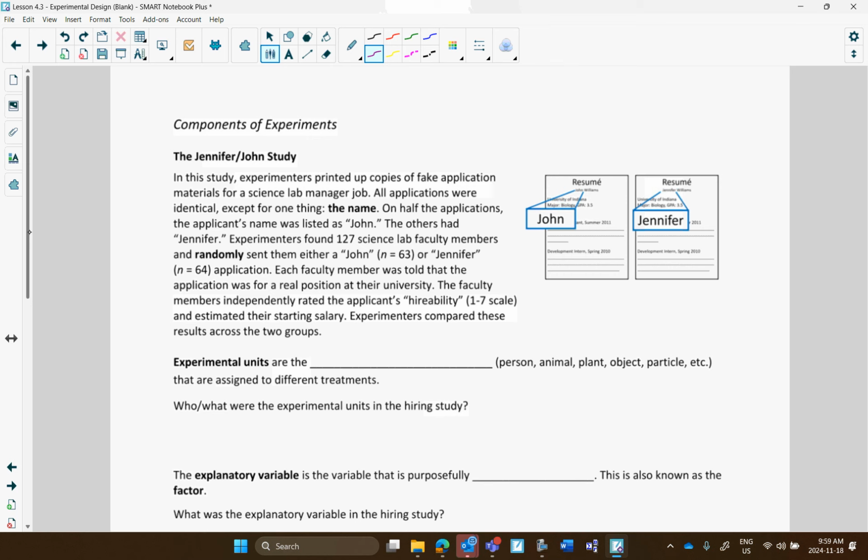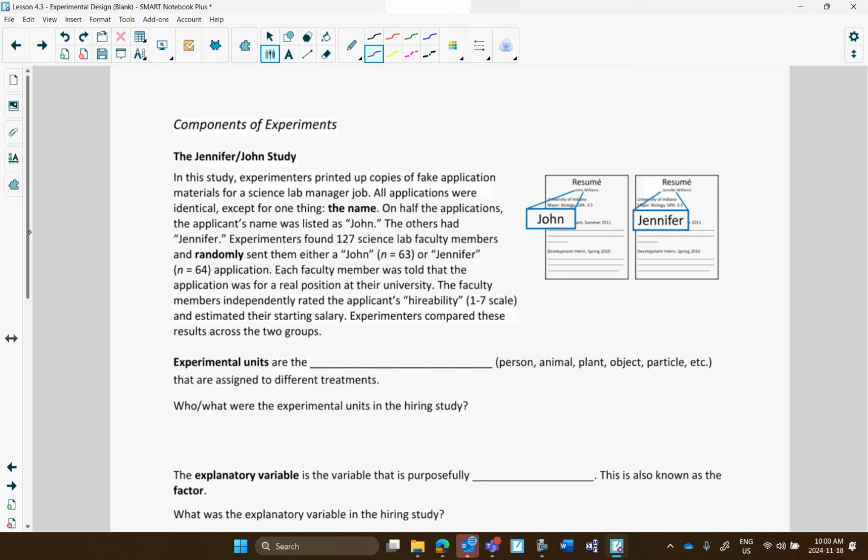So they found 127 science lab faculty members and randomly sent them either a John or a Jennifer application. Each faculty member was told that the application was for a real position at their university. The faculty members were asked to rate the applicant's hireability on a 1 to 7 scale and estimate their starting salary. And then these results were compared across the two groups.